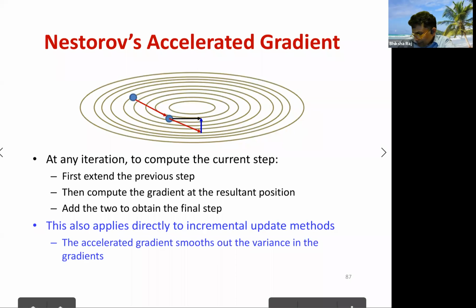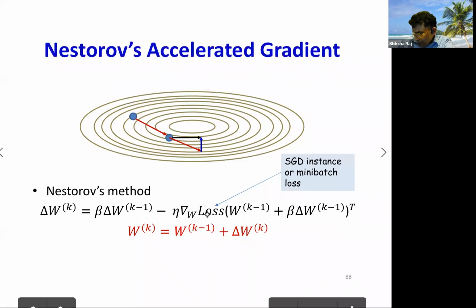variance in the gradients. So for Nesterov's accelerated gradient, we're going to use the same formula as before, as regular Nesterov's method, except to get the kth correction, delta W_k, the gradient term that you're going to use within the update rule is the gradient of the loss computed at the current position on the current SGD instance or mini batch.